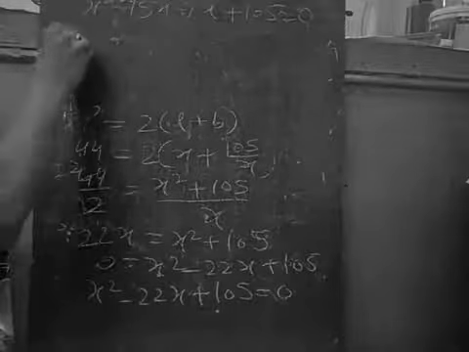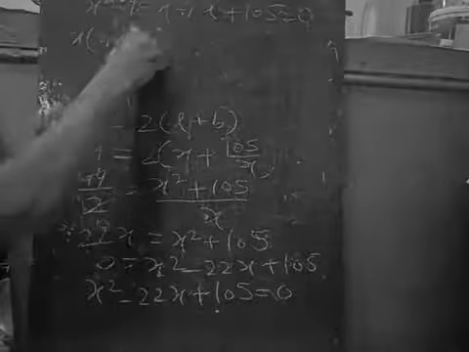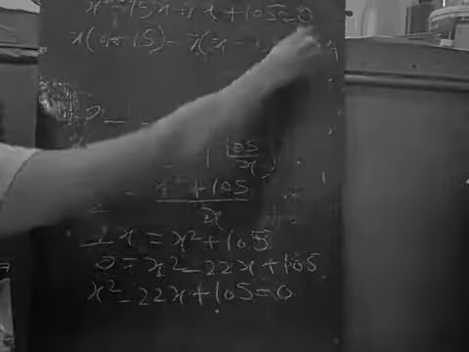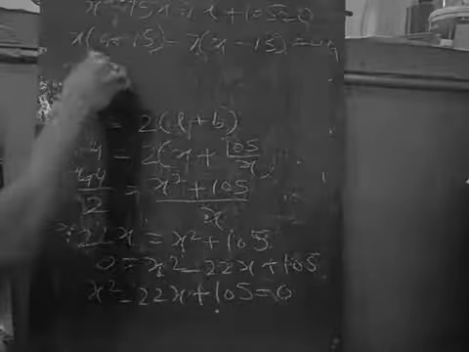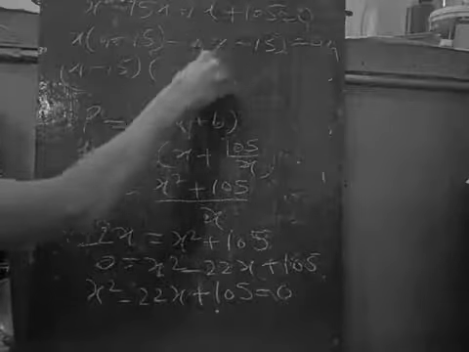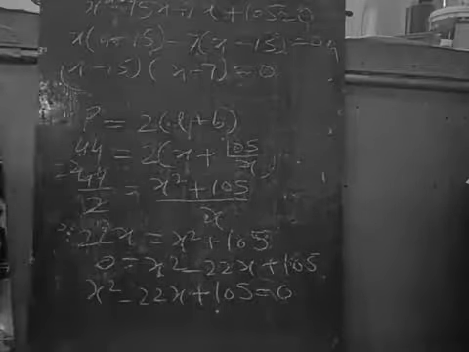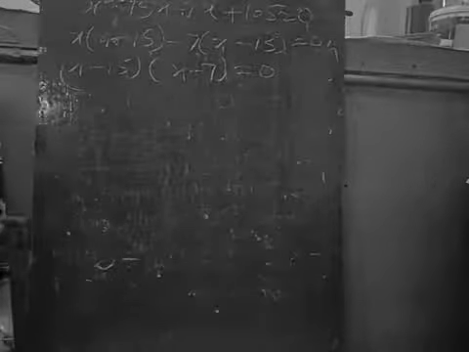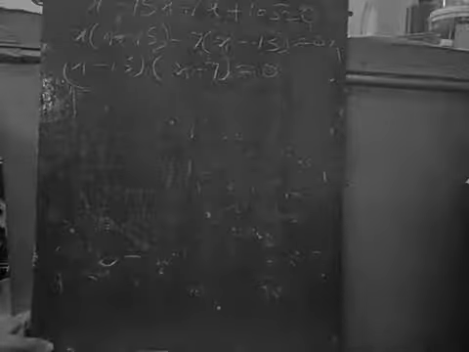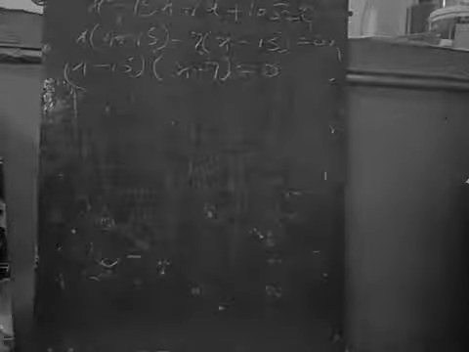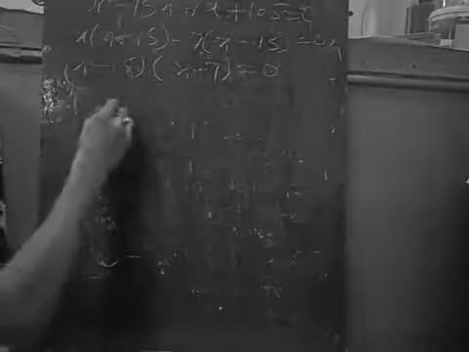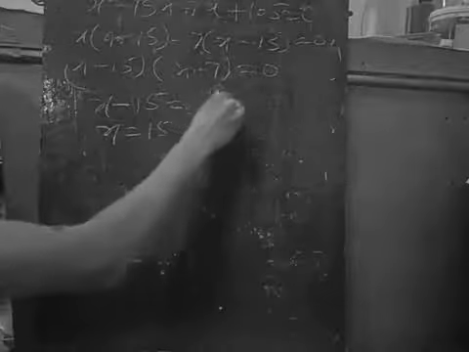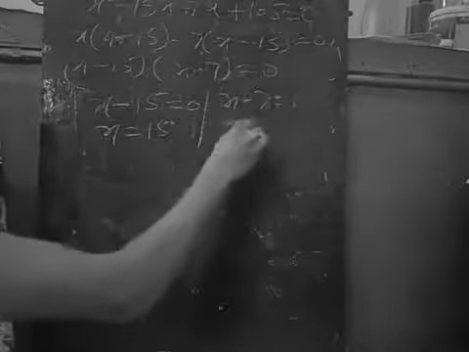Now take x minus 15 common: x minus 15 and x minus 7. So x minus 15 equal to 0 gives x equal to 15, and x minus 7 equal to 0 gives x equal to 7.